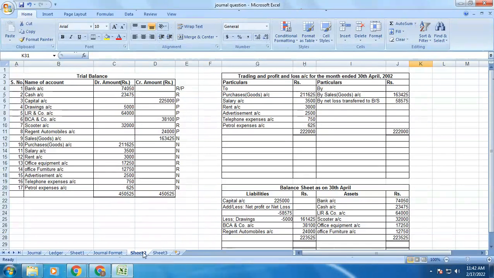Yes, how many have we sold? We sold 20 plus 35, 55 plus 10, 65 plus 40, 105. So during the month, we bought 175 units and we sold 105 units.